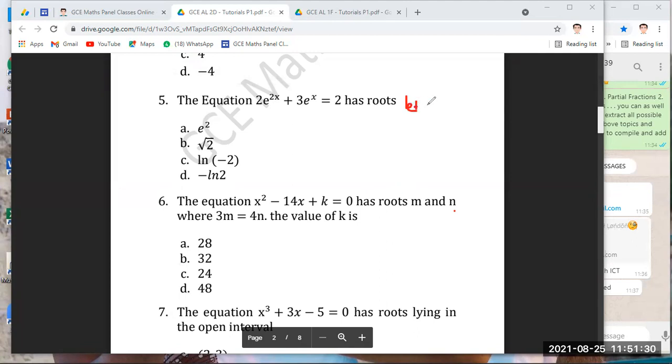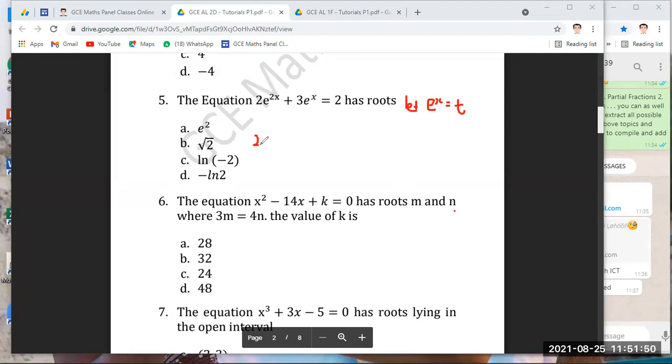Yes, madam. All right, let e to the power x be equal to, for example, t. This one is called a concealed quadratic, a hidden quadratic. So this e to the power 2x is the same as e to the power x times e to the power x, which is e to the power x all squared.